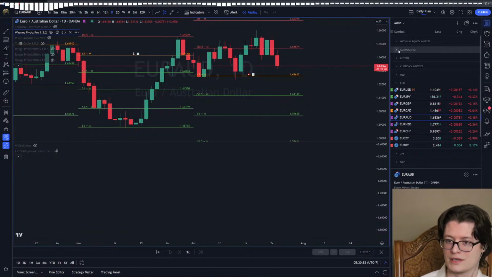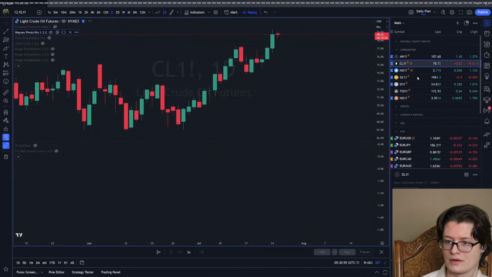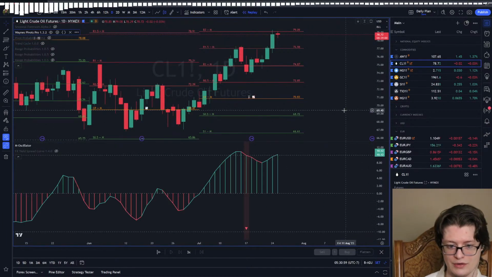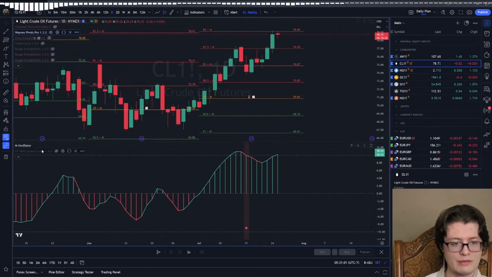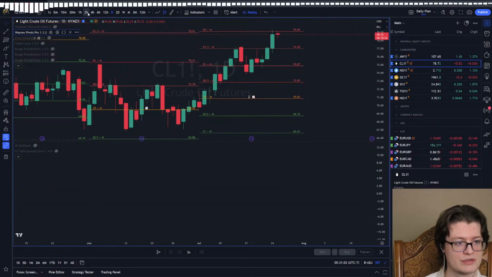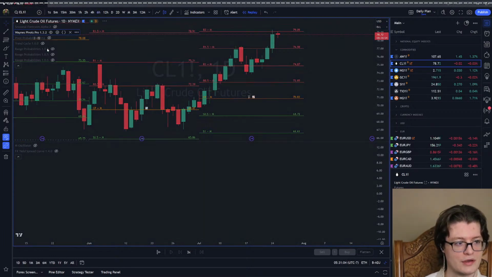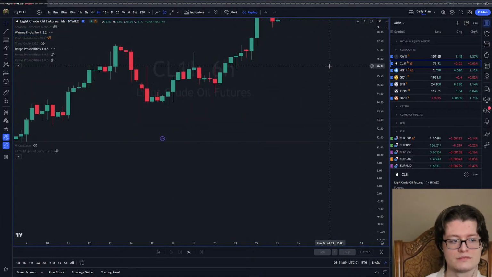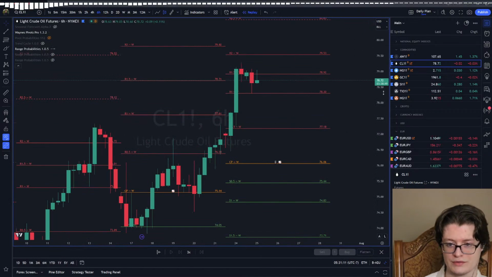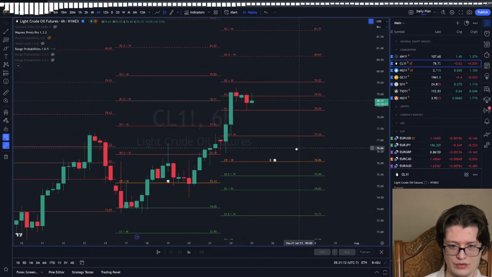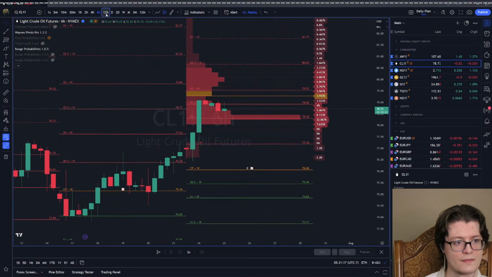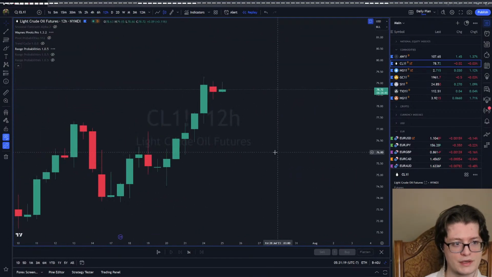I want to check out oil real fast. Momentum on oil is still pretty darn good. I want to check out the range probability high on oil here for the week.